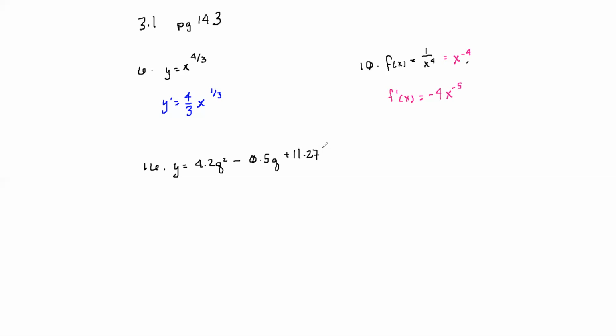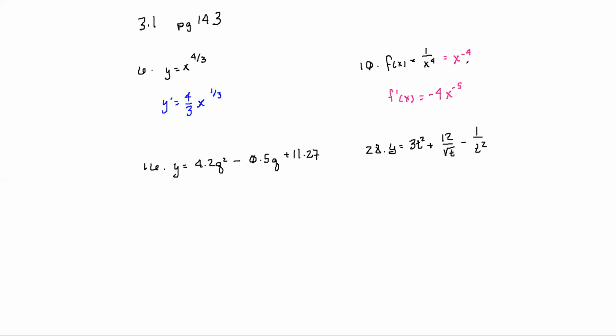And then let's also do 28, which looks like this. Oh, looking at 26. So this is 3t squared plus 12 over the square root of t minus 1 over t squared.